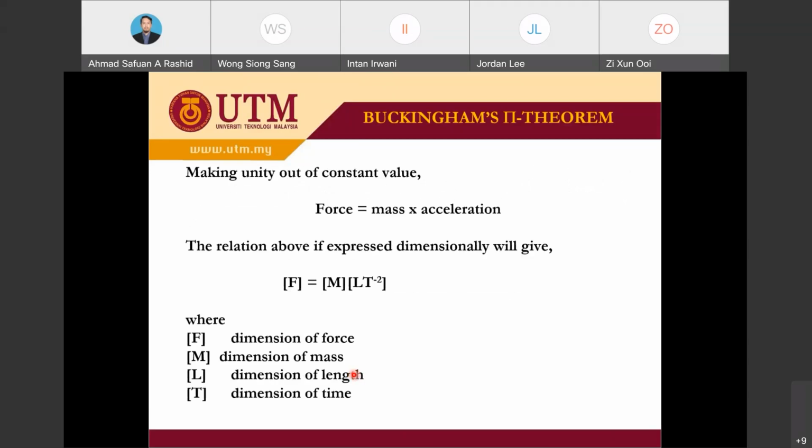Making unity of the constant value, the relation above is expressed dimensionally as F, the force, m, the mass, while the acceleration is equal to length over time squared, or L multiplied by T to the power of minus 2. Here F is force, m is mass, L is length, while T is time.